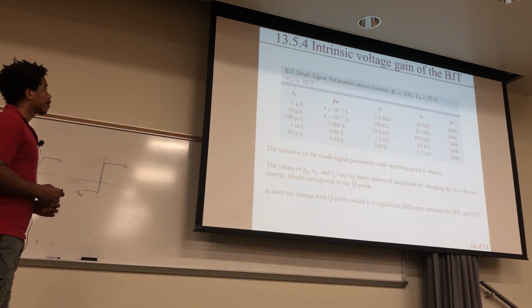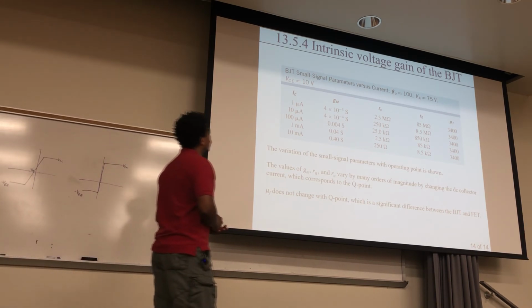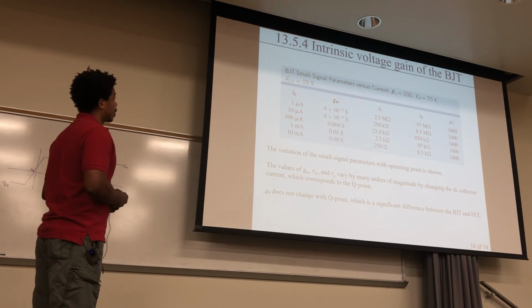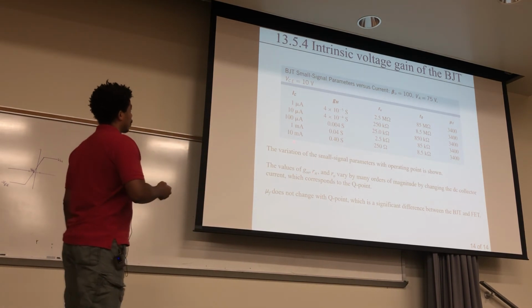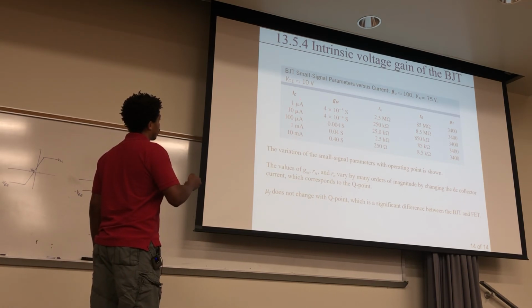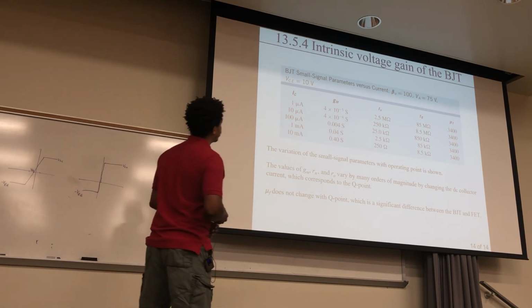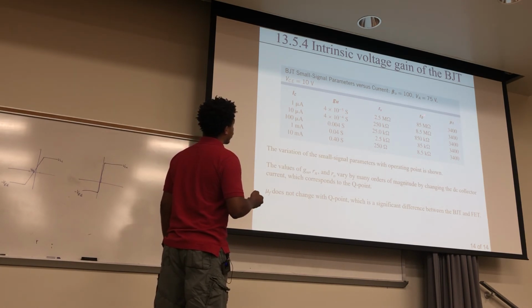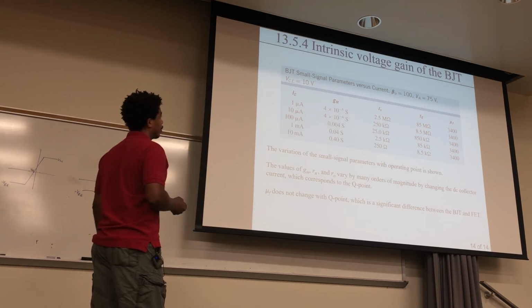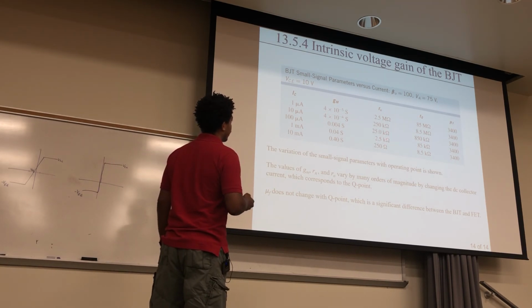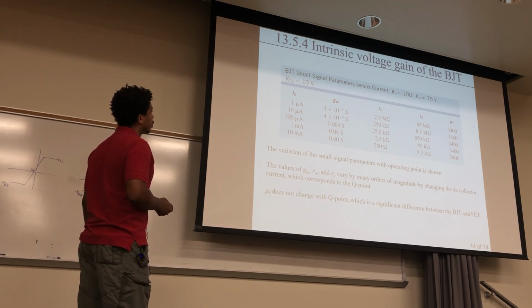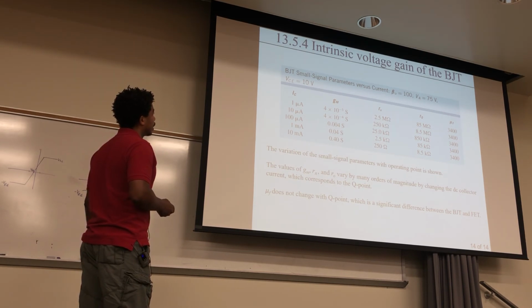All right, for the last slide here, here's a table that looks at the variation of small signal parameters with operating point. Here's various amounts of IC coming in. You can see how things change. Here's the transconductance, here's R pi, RO, and you can see they're changing by a lot, orders of magnitude, which is quite interesting.